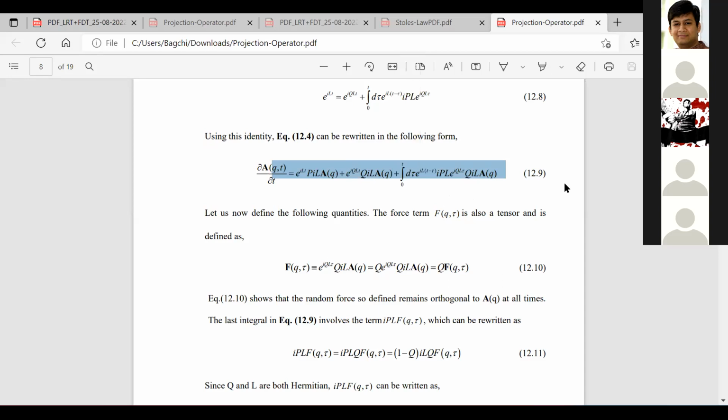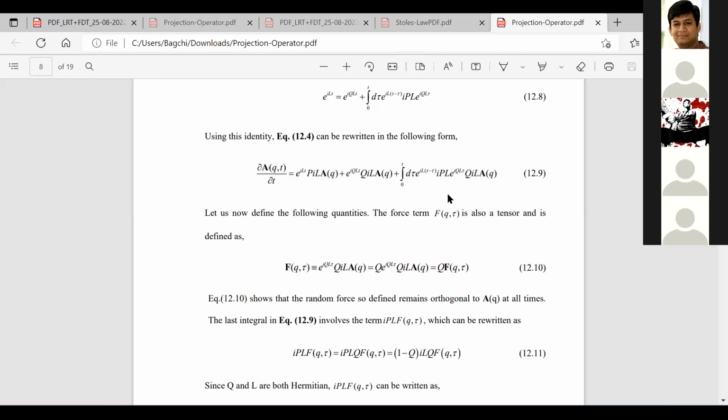Then the important thing is to show in 12.9 the third term. So the first term is the frequency term. This is the random force term, which is in the orthogonal subspace. Then for this one I have to show that this is nothing but the time correlation of this quantity, integral over time correlation of this quantity. So then I have to show that this quantity iPL, e to the iQLt, QiL is F0 Ft.